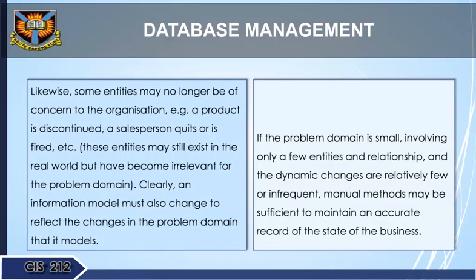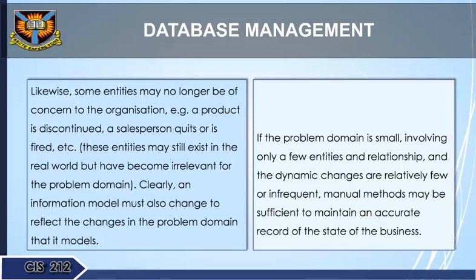Likewise, some entities may no longer be of concern to the organization. For example, a product is discontinued, a salesperson quits or is fired, and so on. These entities may still exist in the real world, but have become irrelevant for the problem domain. Clearly, an information model must also change to reflect the changes in the problem domain that it models.